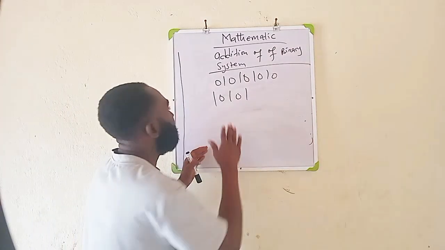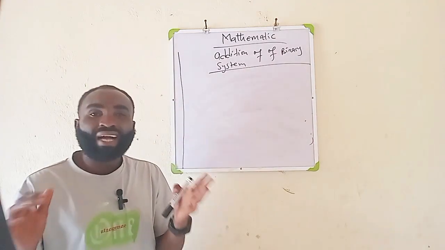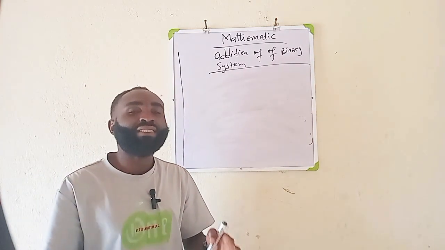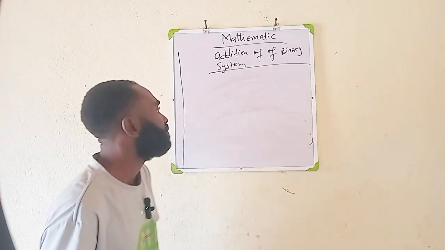When you have binary numbers and you're asked to add, you can add in the usual way of adding base 10, which is the decimal system.